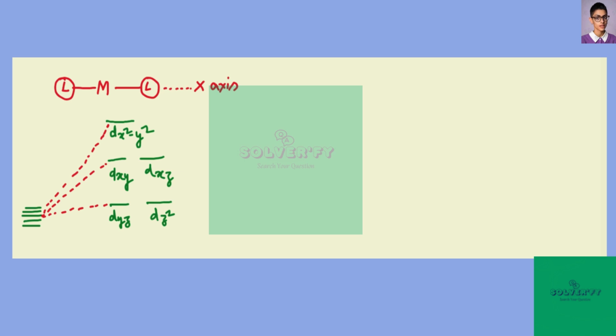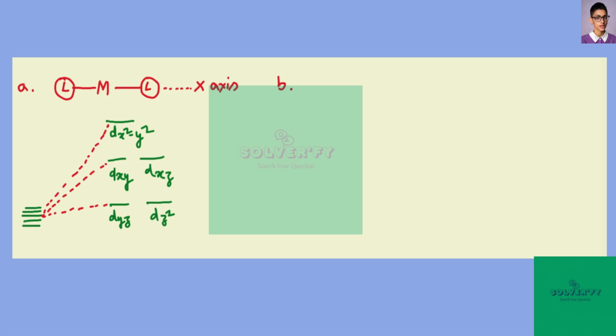The d orbital lying along this axis has the highest repulsion, so it has the highest energy. Then dxy and dxz have the same energy, and the lowest are those where the x-axis is not present, that is dyz and dz square. They should have minimum energy because they are quite far from the x-axis and the repulsion is minimum. That is why the energy is minimum.